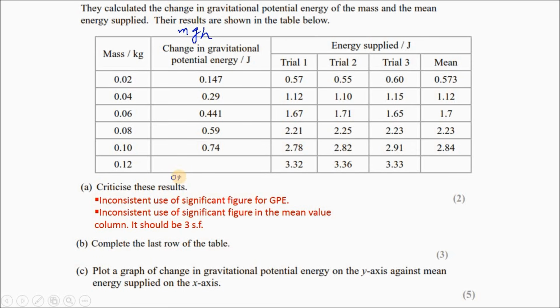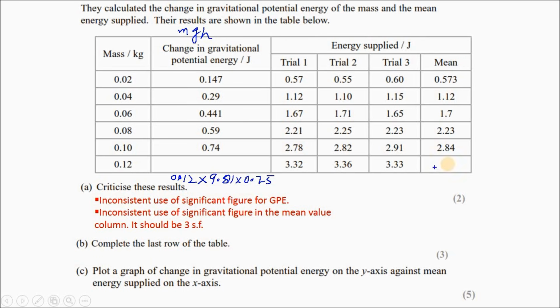So 0.12 kilogram. g is 9.81 times height, and height is 75 centimeters, so 0.75 meter. If you multiply these numbers, you can get the value in the first column.